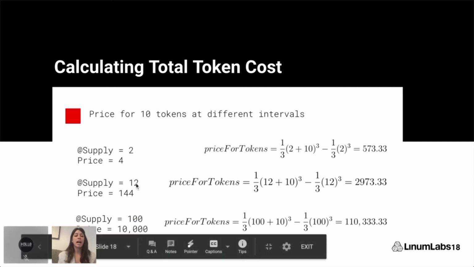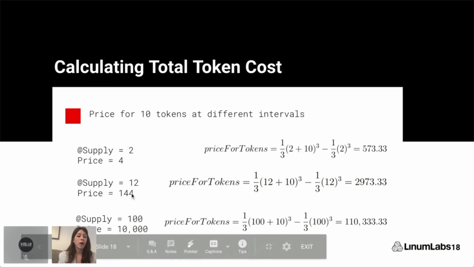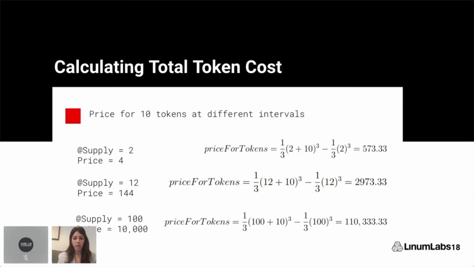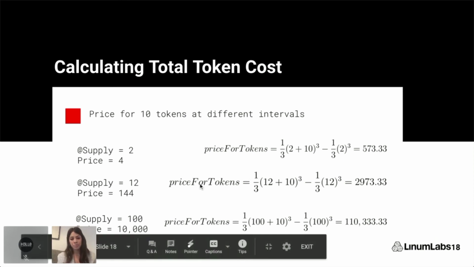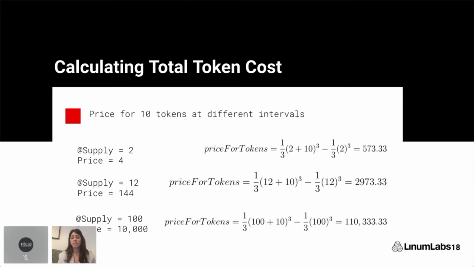They buy when the supply is 12. They get quoted that the price is 144 per token. However, when they go through, the price for tokens is 1/3 (12 plus 10) cubed minus 1/3 12 cubed. And that makes their final purchase price 2,973, or essentially 297 DAI per token.